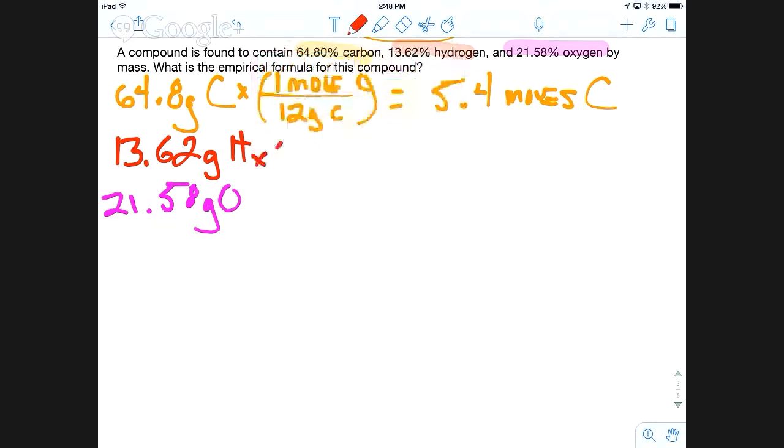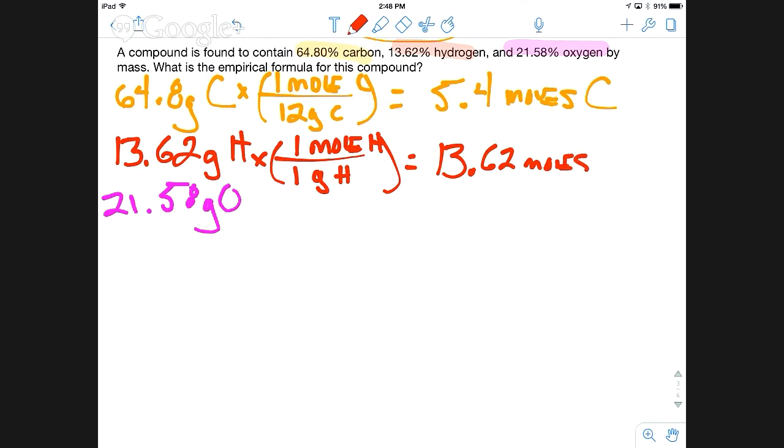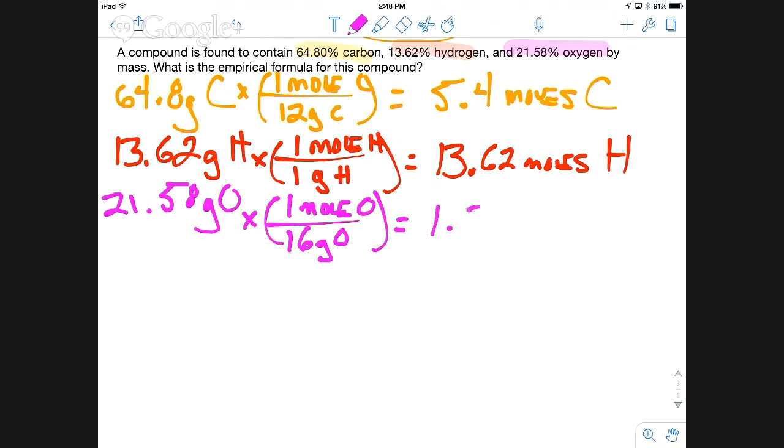Hydrogen: 1 mole of hydrogen is 1 gram, so that math is easy, 13.62 moles of hydrogen. And last but not least, oxygen. 1 mole of oxygen is 16 grams, so 21.58 divided by 16 is 1.34875 moles.